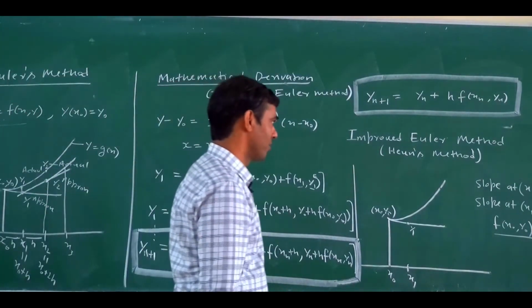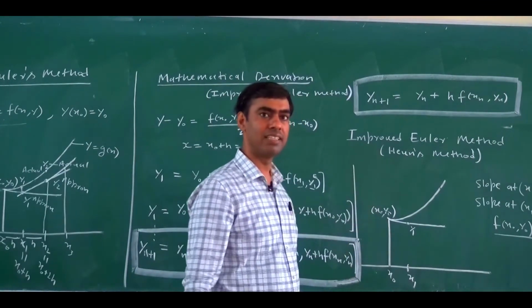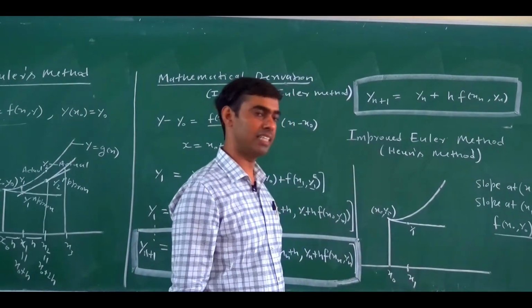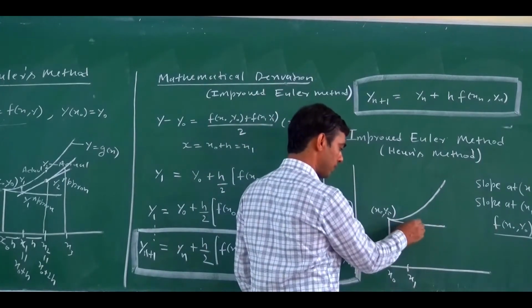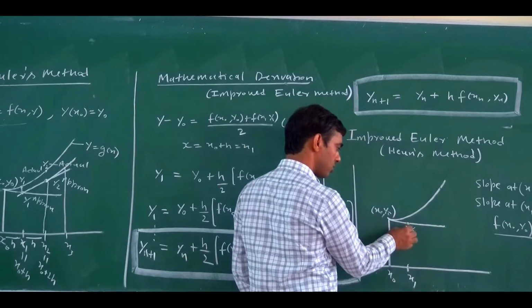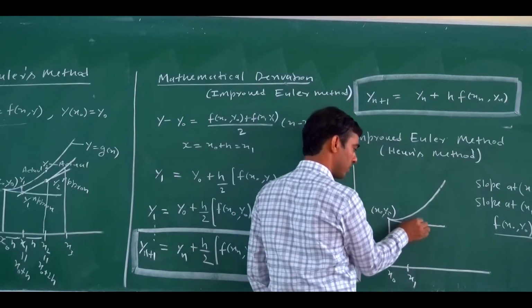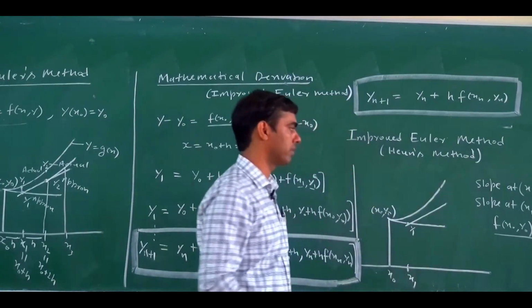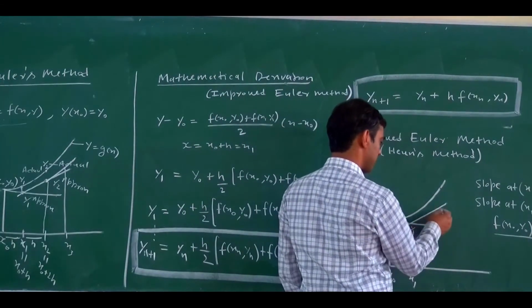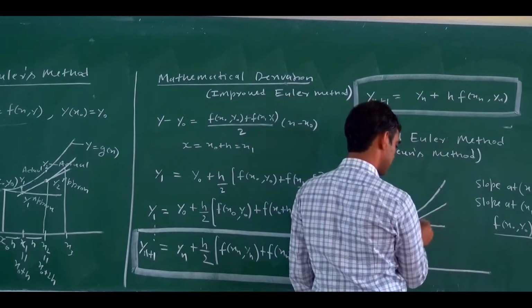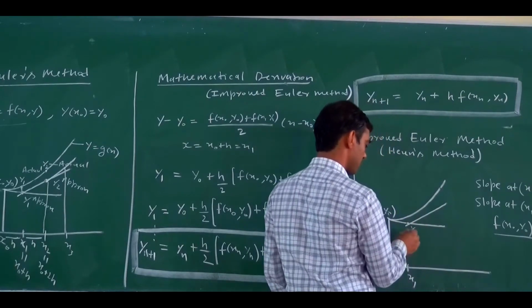Geometrically, what will happen? Will the error decrease or increase? At x1, y1, what is the slope? The slope at this point is this one, the equation of a tangent at this point.